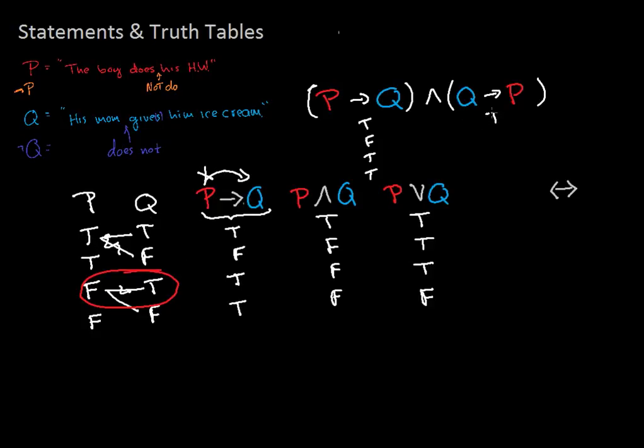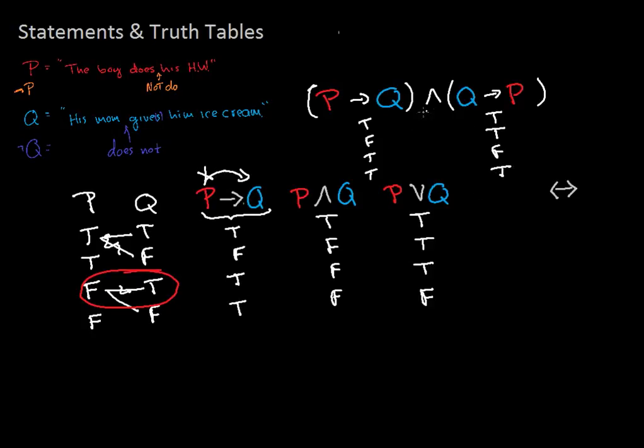That's true. Boy does not do his homework, mom gives him ice cream. Okay, mom is not a liar, even though she spoils him. Boy does his homework, mom does not give him ice cream. This is the one I said would be different. That's false. And false, false. Boy doesn't do his homework, but because he didn't do his homework, you can't call mom a liar.